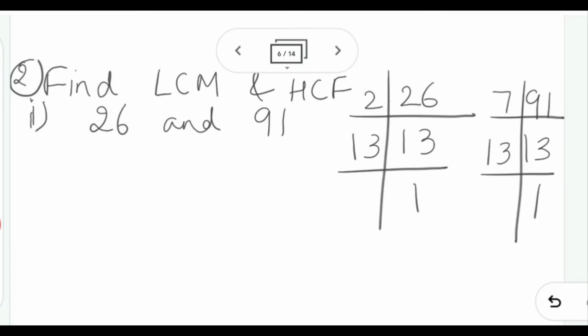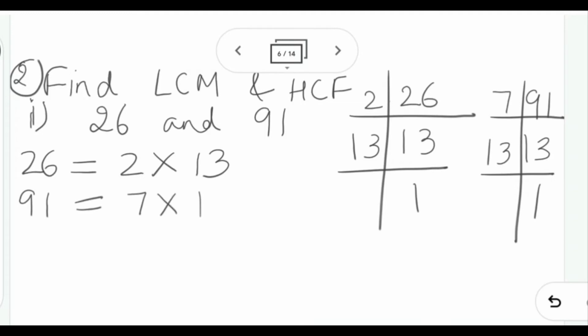So we have got the prime factorization of 26 and 91. So first we will find prime factors of these two numbers separately and then we will find their LCM and HCF. So let us write the prime factorization. 26 can be written as 2 into 13 and 91 can be written as 7 into 13.